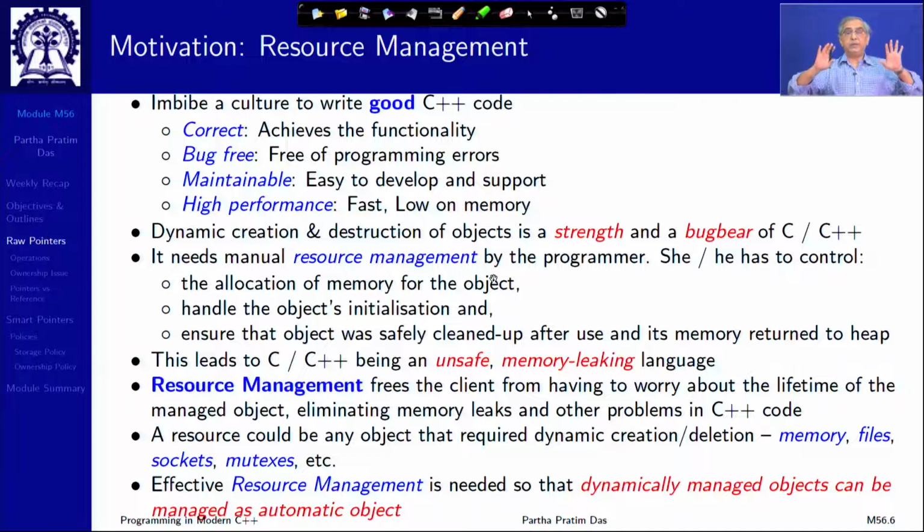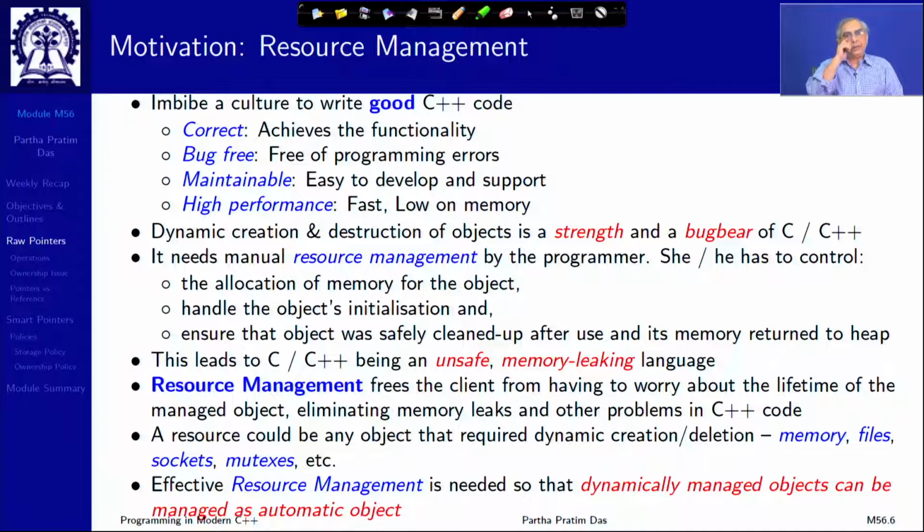Now, the question is what is our motivation for doing this discussion? Naturally, we always want to get into the culture of writing good C++ code, which has to be correct, bug free, maintainable, high performance and so on, and that is the basic objective.